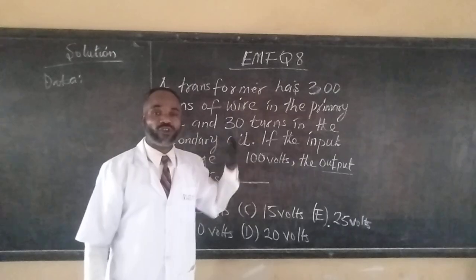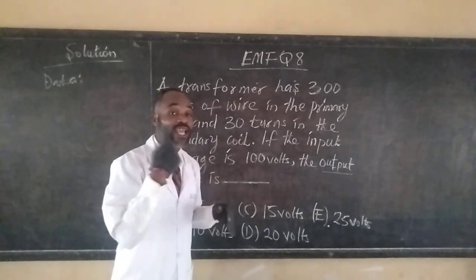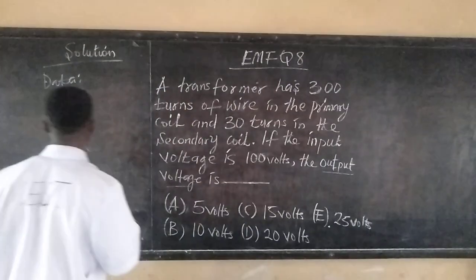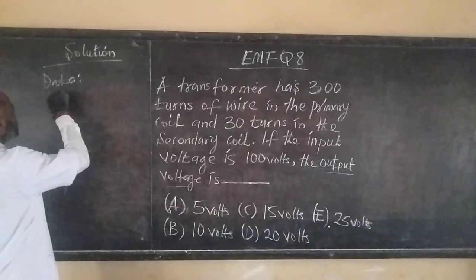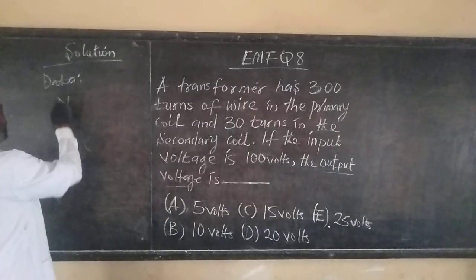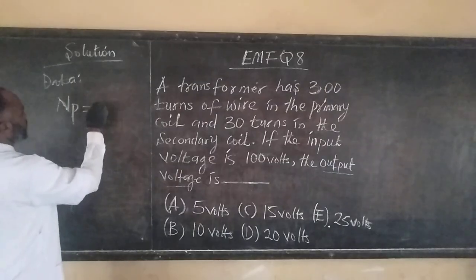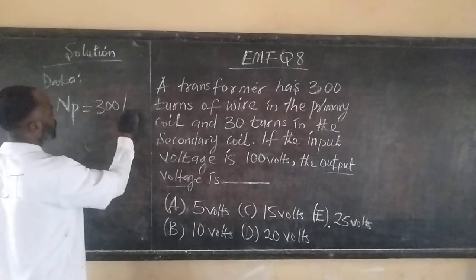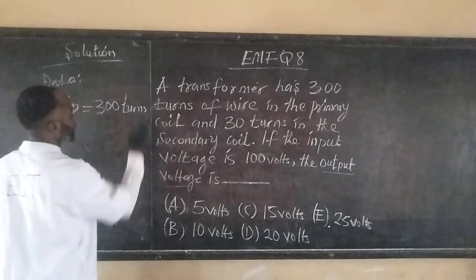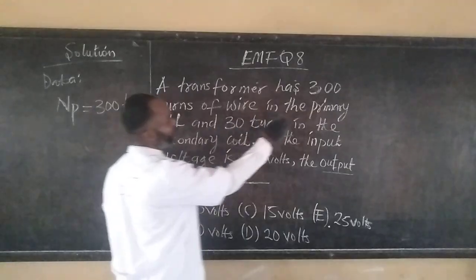That means the number of turns of wire in the primary coil is 300, and that goes by the letters NP.